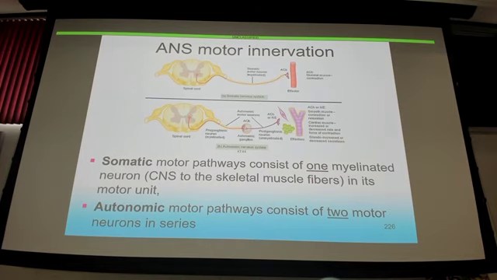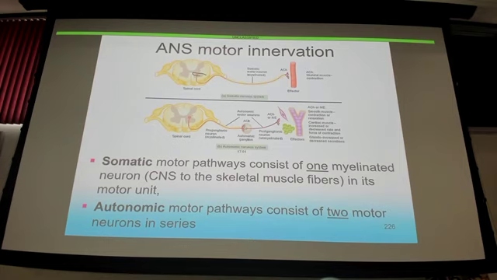This is where we're going to start getting into detail. We're going to look at these pathways. And when we looked at motor pathways for the somatic system, we learned that somatic motor neurons are in the, tell me if I'm wrong, anterior gray horn.